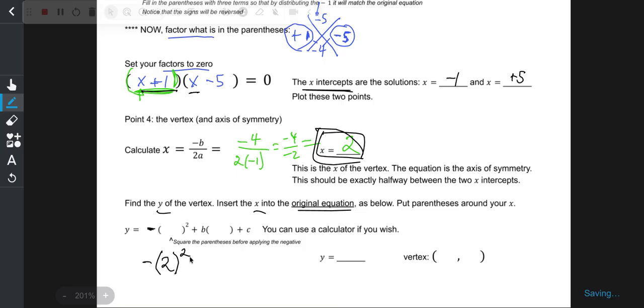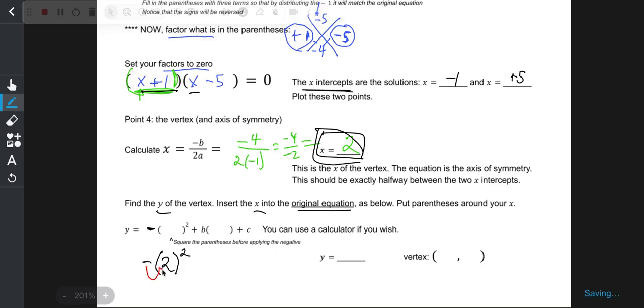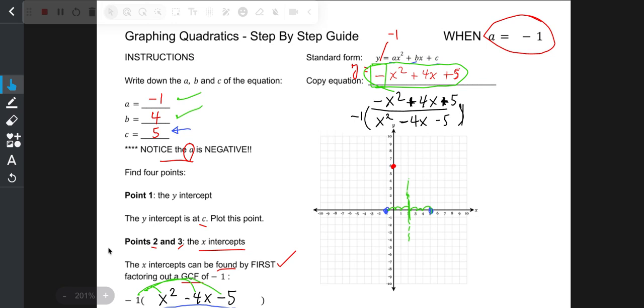This is very important. Don't put this negative into here. The negative is outside of the x. If you look at the original equation, let me just erase this a little bit and do it again.